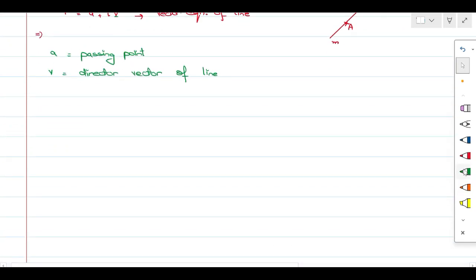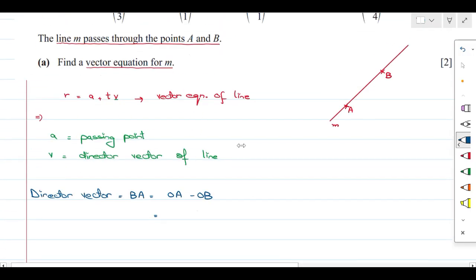Okay, so here we can say, first figure out the direction vector. So the direction vector, you can do AB or BA, direction of the line. So let me do BA. You can do AB as well, both are correct. So BA is basically OA minus OB, second minus first, right? So what OA is?